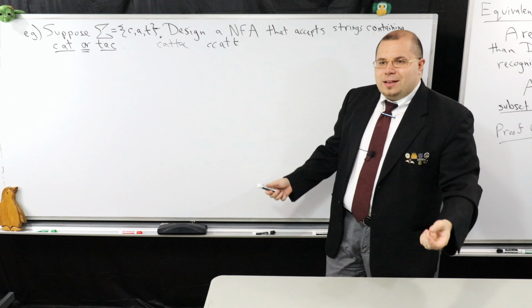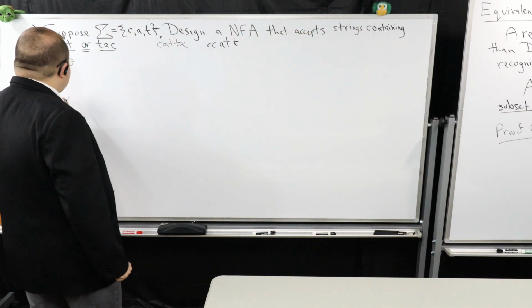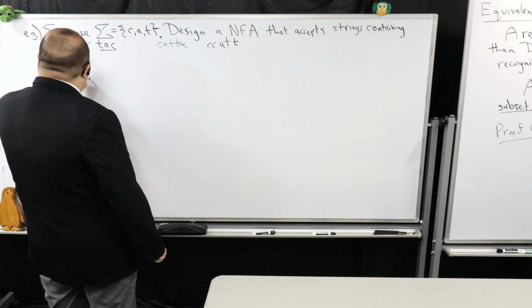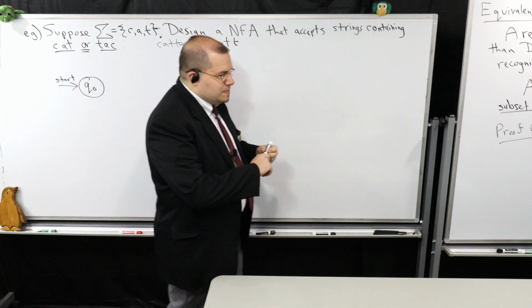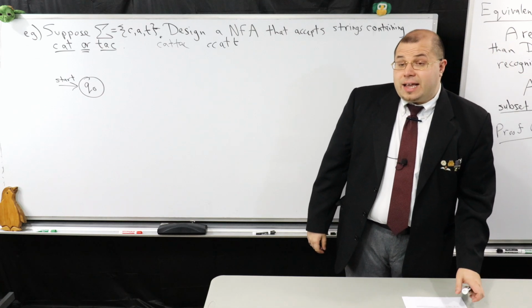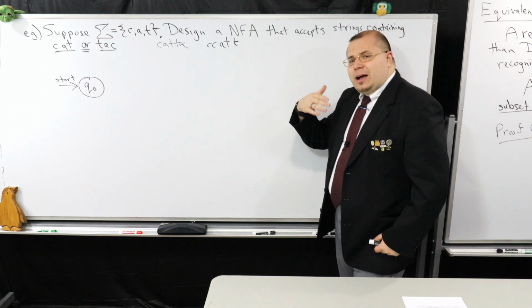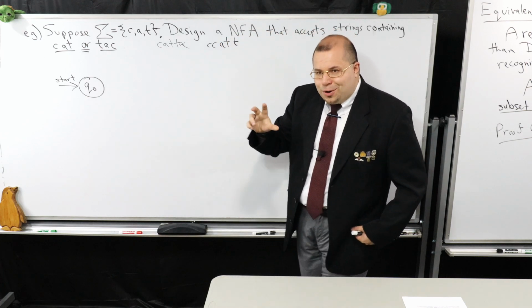Now, I want your help to design it. The first thing I would start off with is making a starting state. I'm going to take advantage of a little technique that you'll find useful, and I'll give you an actual application for it.